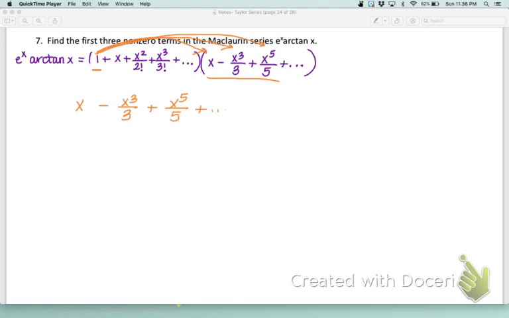Now we're going to multiply through by x. So this time we're going to multiply x times x, x times negative x cubed over 3, and x times x to the 5th. Now, I'm going to line up where I have like terms, okay? So x times x is going to make x squared.